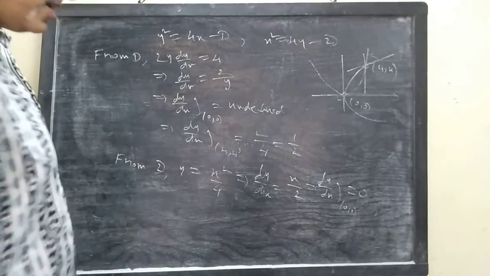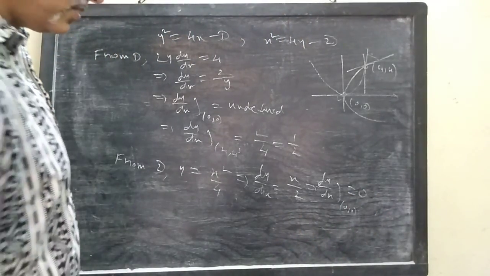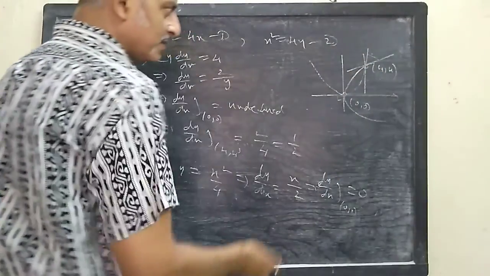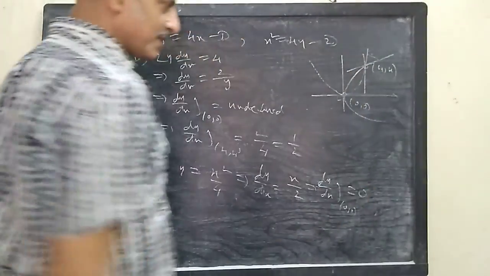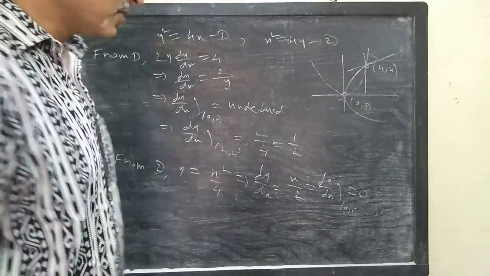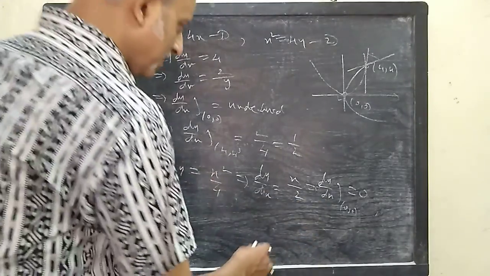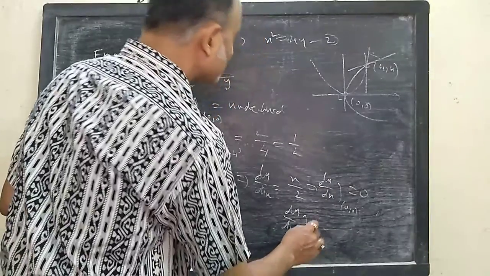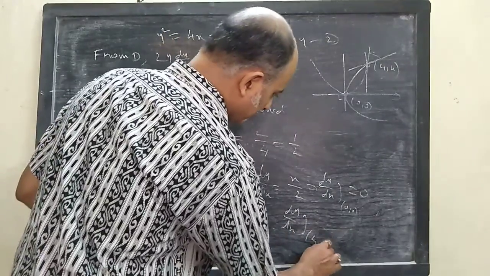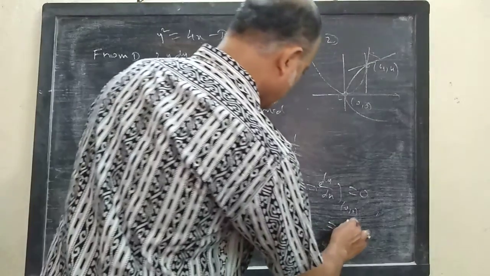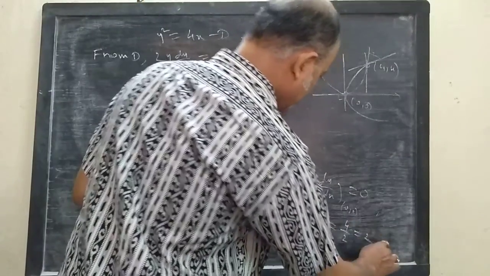Look, dy dx is 0, that means the slope of the tangent is 0. x square equals 4y is this curve, and the x-axis is the tangent to the curve at 0, 0, and its slope is 0. Okay. Next, dy dx at 4, 4 will be 4 by 2, that is 2.